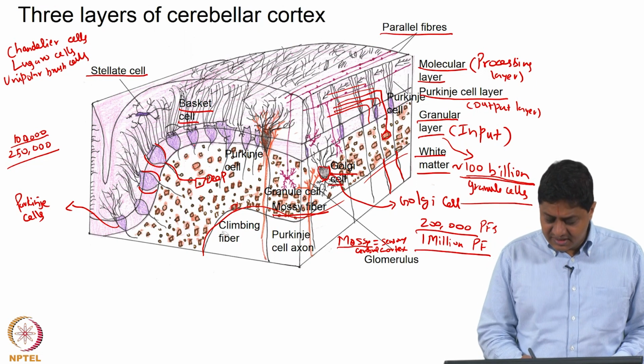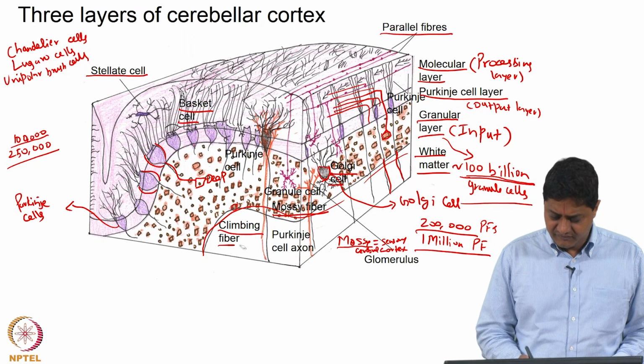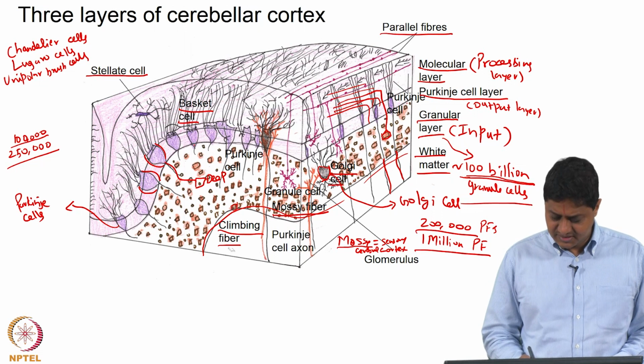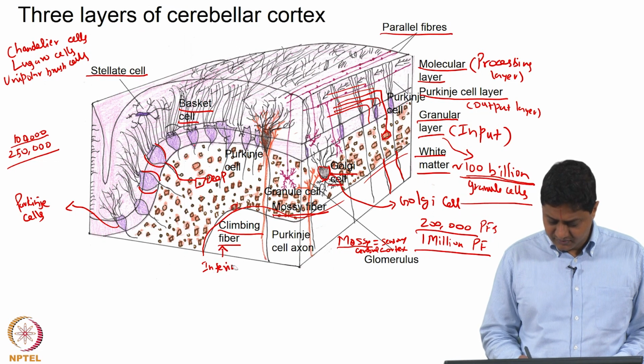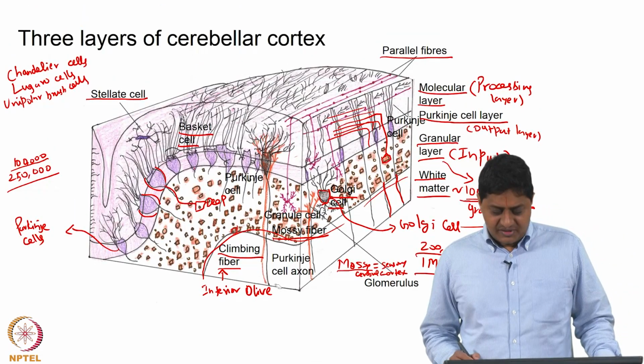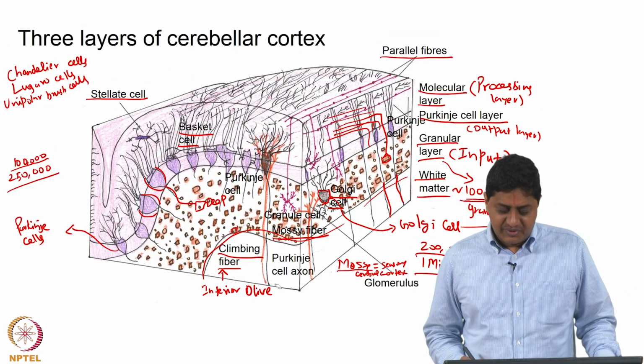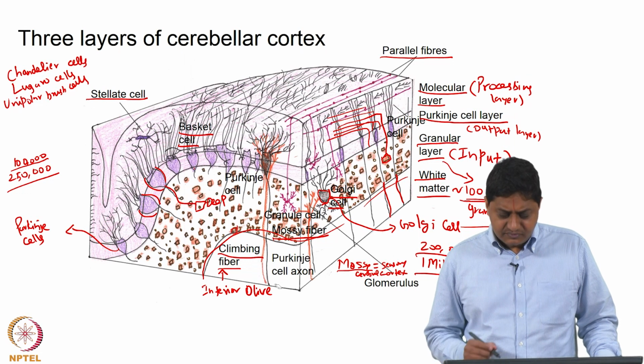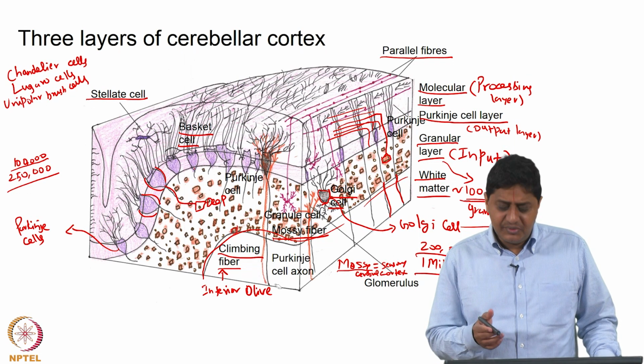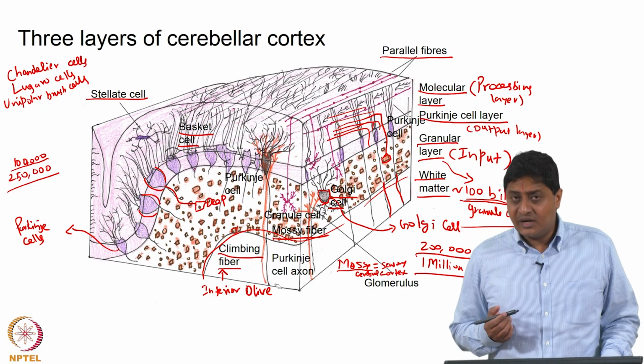And then there is a special fiber that arises from the inferior olive. These fibers are called climbing fibers, because they climb through the granular cell layer.